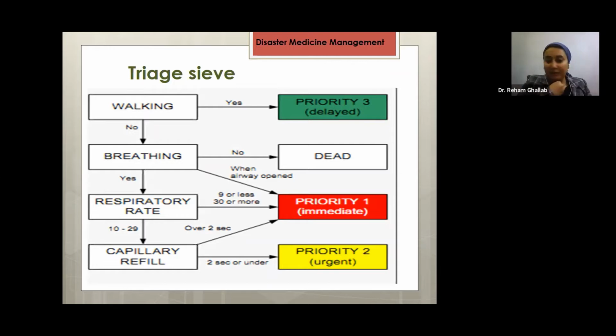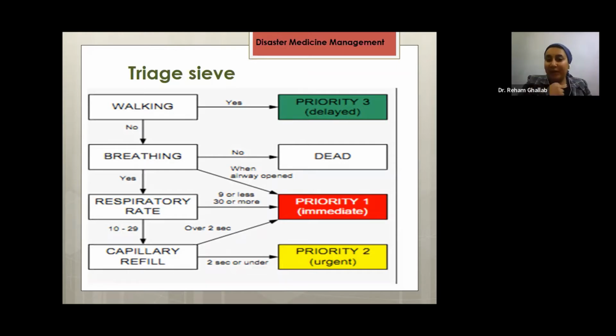If he doesn't respirate, this patient is dead. If he has respiration, we check if the respiratory rate is 9 or less, or 30 or more; this is priority 1 or immediate, the red color.